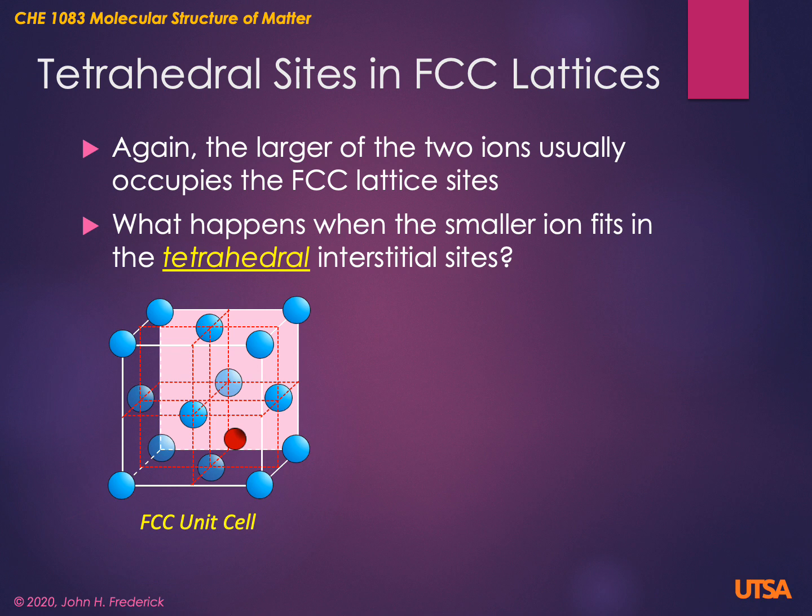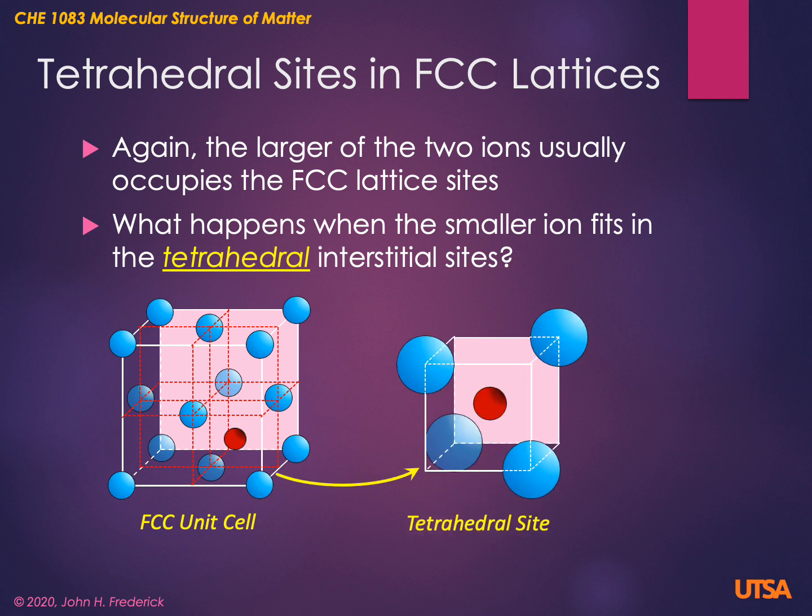So here is one of them, and we place an ion in the center of that smaller cube, and that's a tetrahedral interstitial site. Let's blow that up. Now we can see that the ion in that tetrahedral site has 4 nearest neighbors. This is what defines a tetrahedral interstitial site.